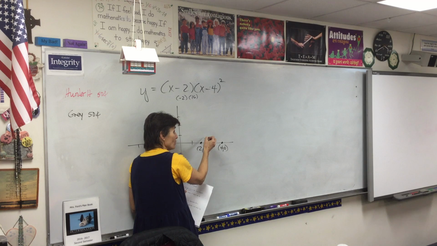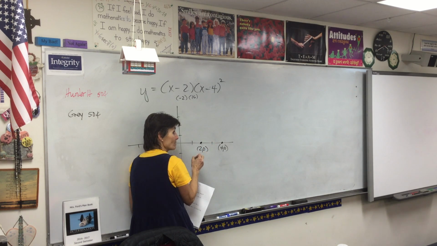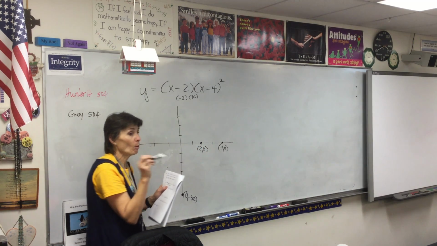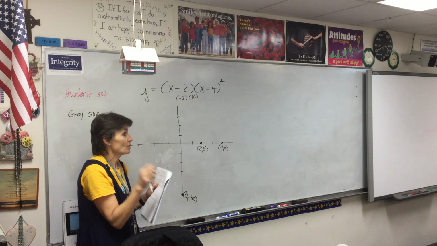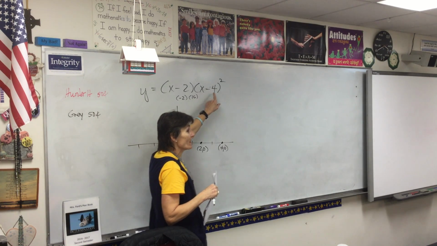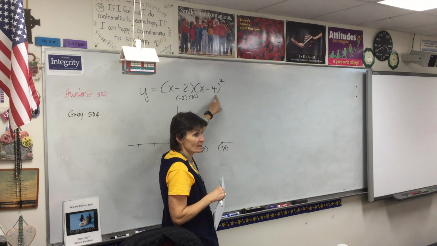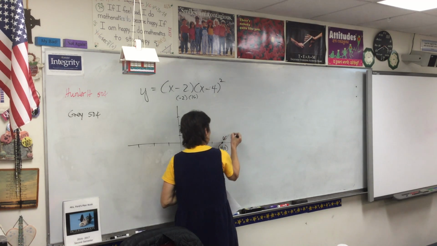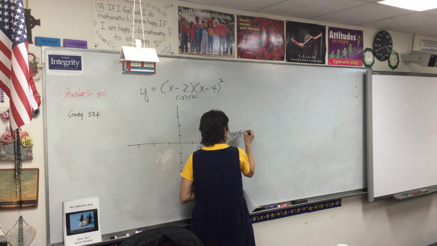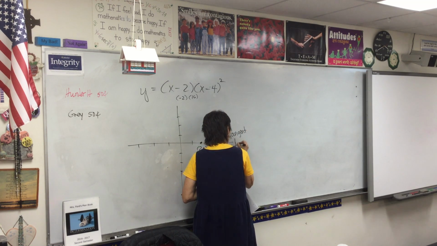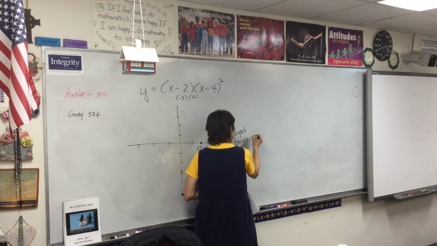It can go straight through, or it can bounce off. What makes a point bounce? A squared factor. So where do we bounce off? Where are we tangent? At 4, 0. So this is going to be the tangent point, or what we have been calling the bounce off.